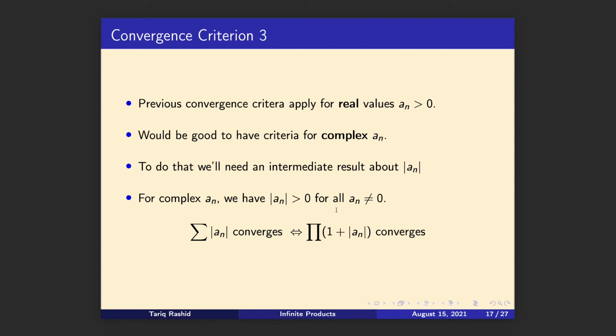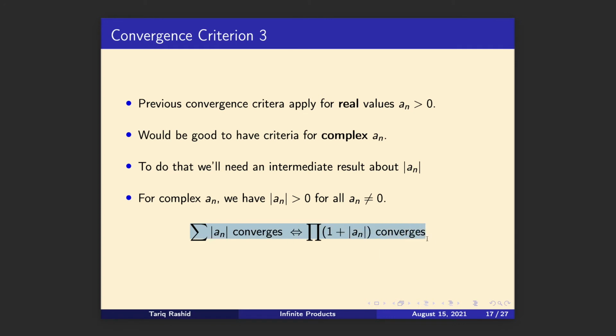That's kind of a straightforward observation. So we can say the sum of the magnitudes of the an, where they're complex, as long as they're not 0, if that converges, then the product converges, so it's 1 plus the absolute values. I haven't put a box around that because it's not that useful, but it's an intermediate step.